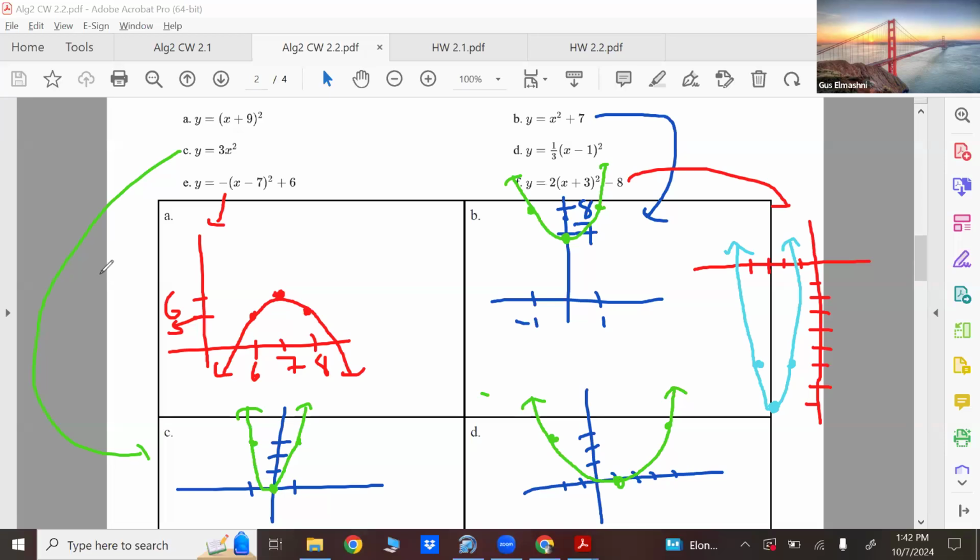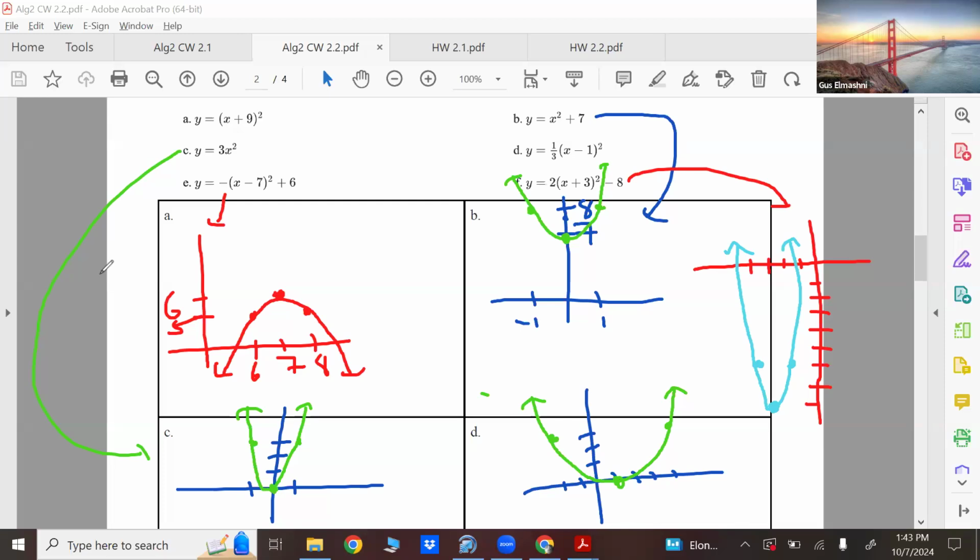If you plug in 0, it's the vertex at 0, 0, and you want to get 3 in each case, opens up. For D, put it right here. Plug 1 for x, you get 0 for y. If you plug in 4 and -2, that's a distance of 3 from the vertex. You get 9, you square it, 1/3 of 9 is 3. You get 3 in each of those cases, so they have symmetry.